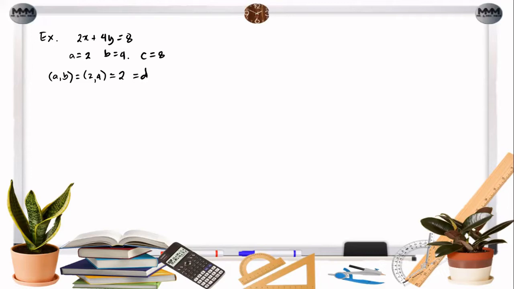Again, we will be testing if d divides c. Here, does d divide c? In this case, d is 2 and c is 8. Now in this case, 2 divides 8, because we can write 8 as the product of 2 and an integer. That is, 8 can be written as 2 times the integer 4.